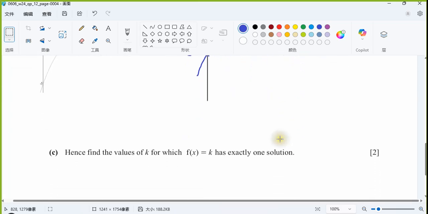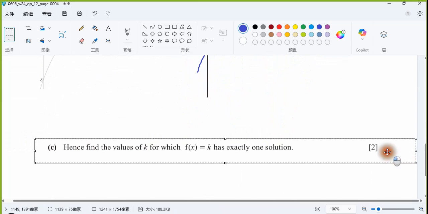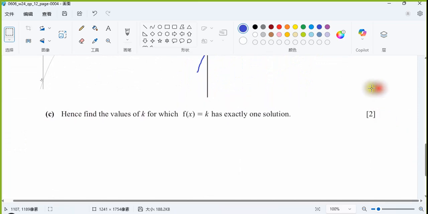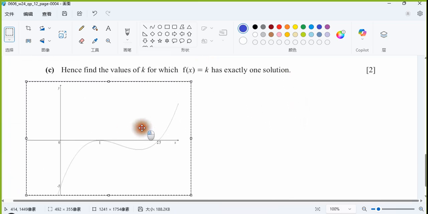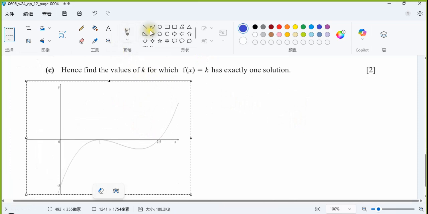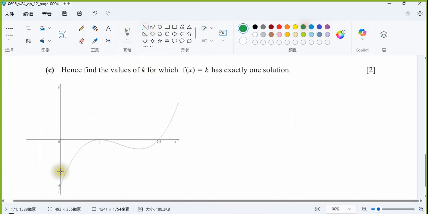Okay, hence find the value of k for which f(x) = k has exactly one solution. So over here, we know that we have two solutions, one, two.